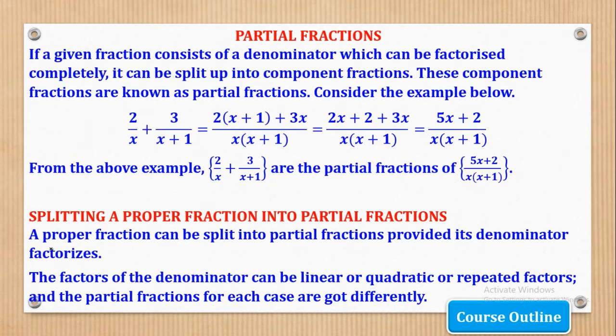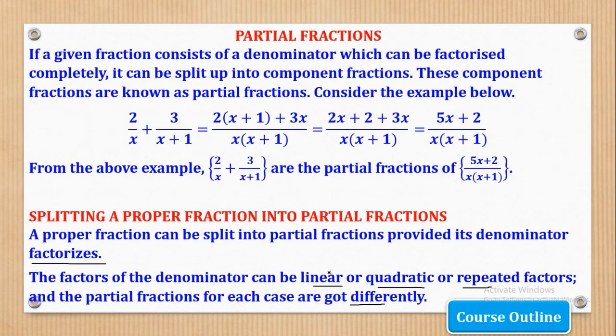A proper fraction can be split into partial fractions provided its denominator factorizes. So partial fractions deals with a denominator which is factorizable, and the factors of the denominator can be linear, quadratic or repeated factors, and the partial fractions for each case are got differently.